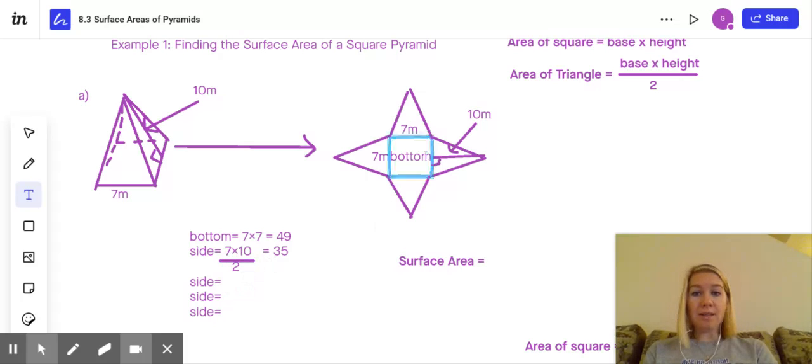So like I said, each side is the same. The base is going to be 7 and the height is 10. So I'm going to write down the same formula for all of these sides. So they'll all equal 35. Each side will be 35.